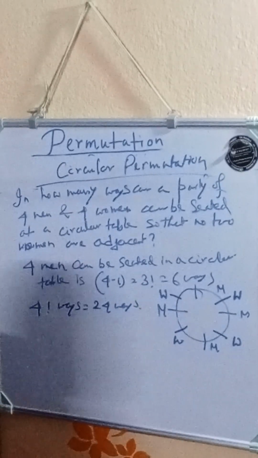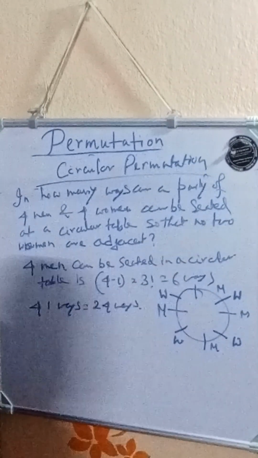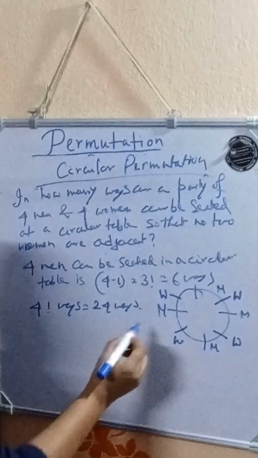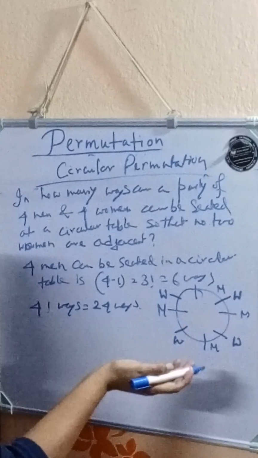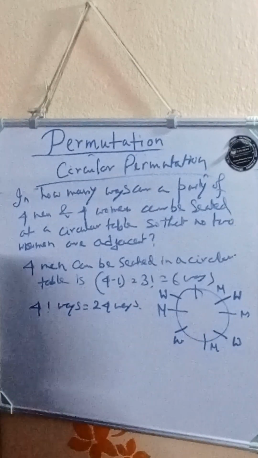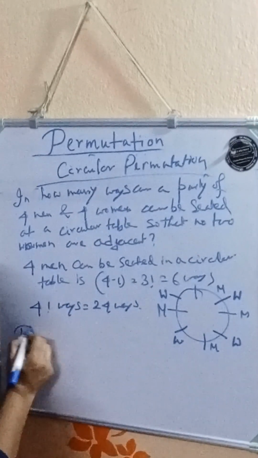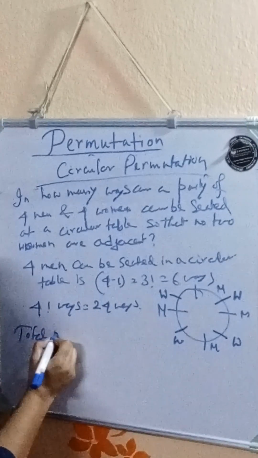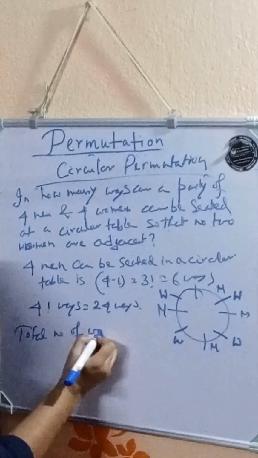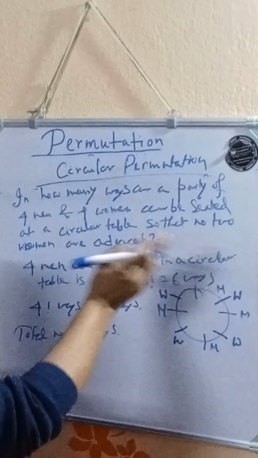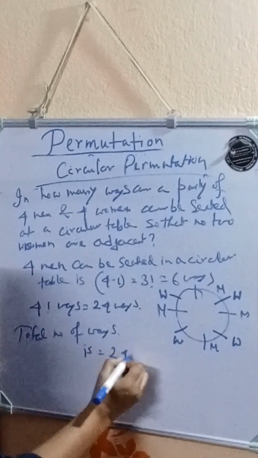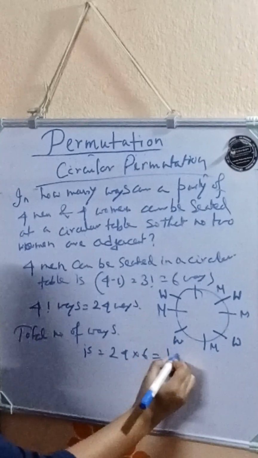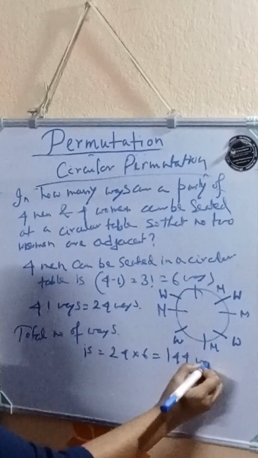These two events are dependent because the arrangement of women depends on the arrangement of men. Therefore, the total number of ways in which no 2 women are adjacent is 24 into 6, which equals 144 ways.